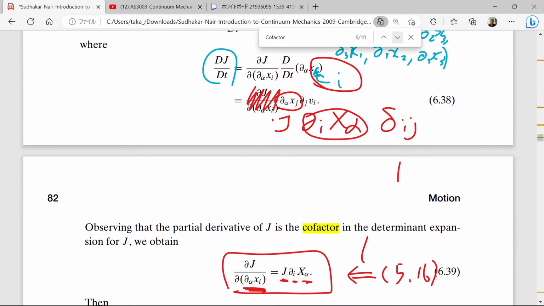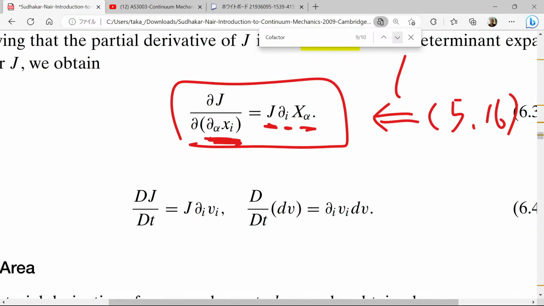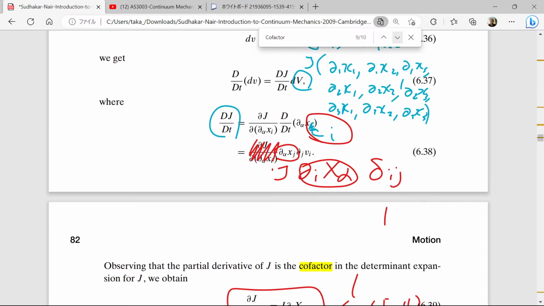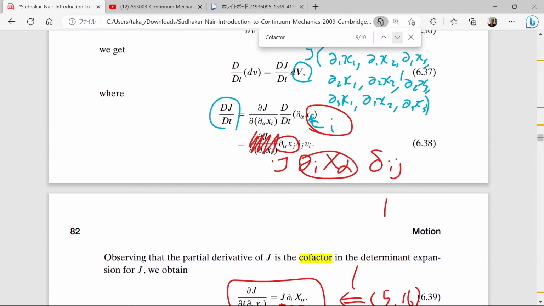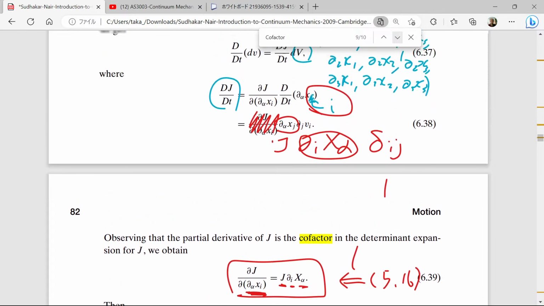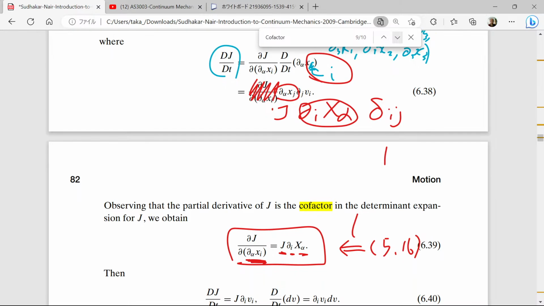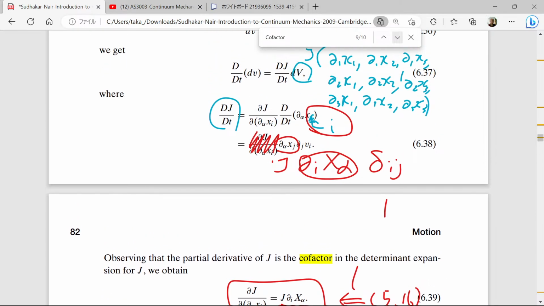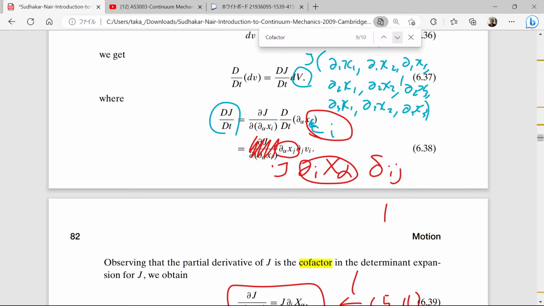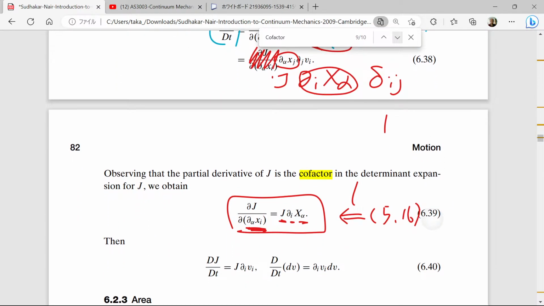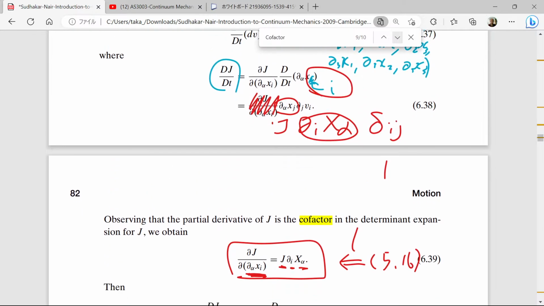Okay. So this v is volume. It's not velocity. This is volume. You multiply dV.